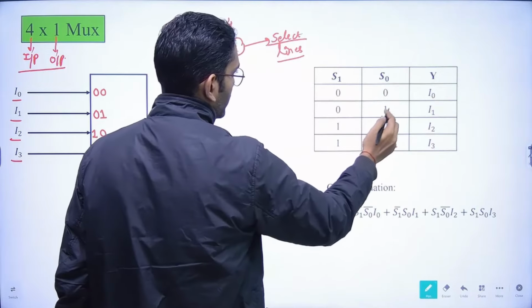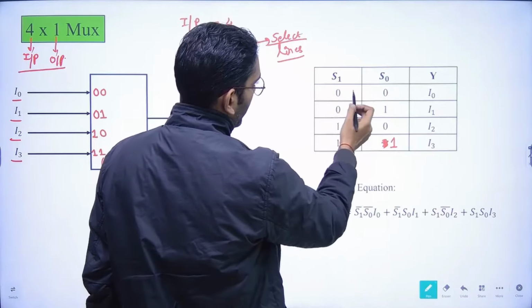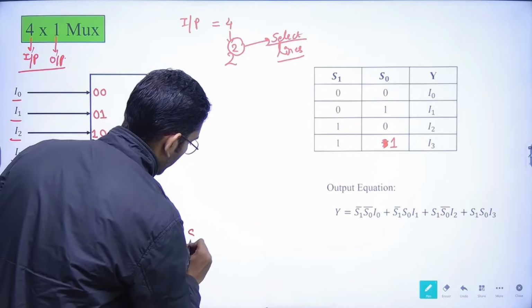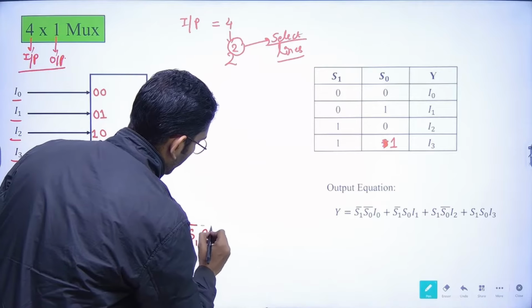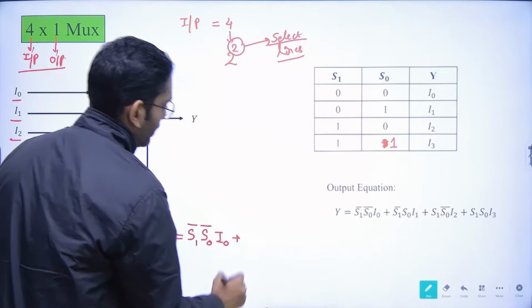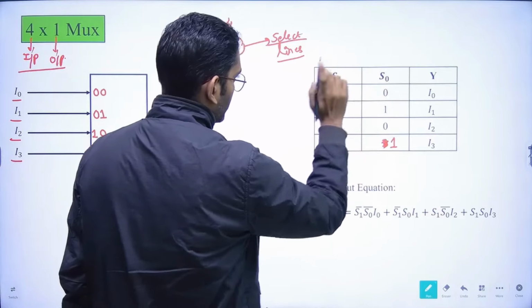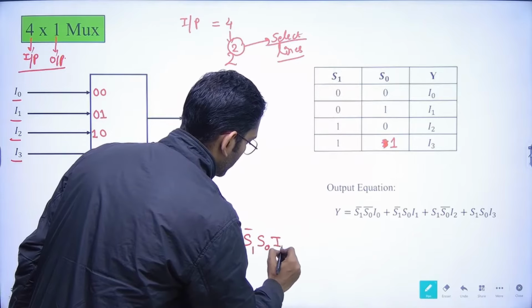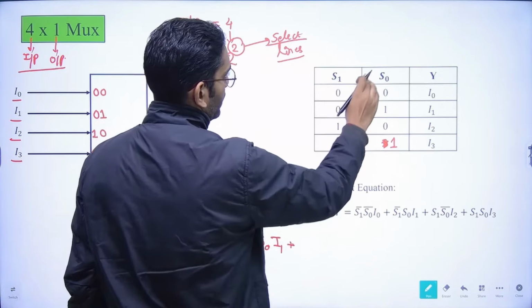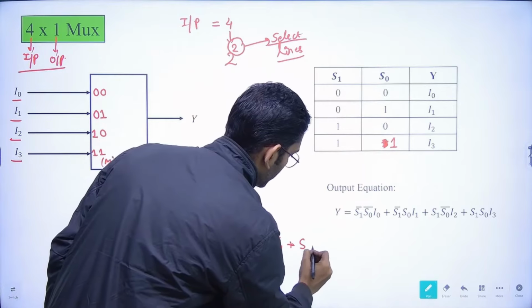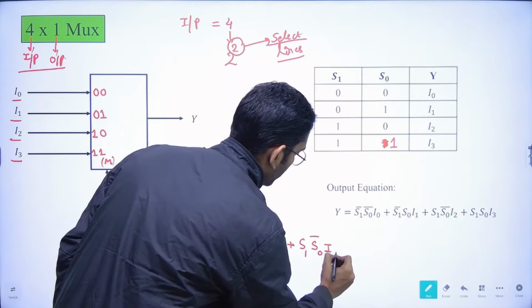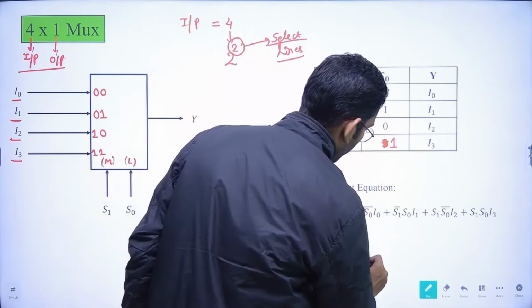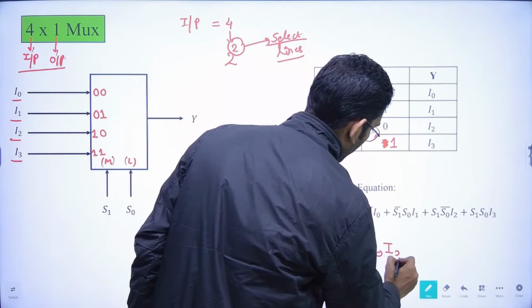We can write the output equation as y equals S1 bar S0 bar I0, plus S1 bar S0 I1, plus S1 S0 bar I2, plus S1 S0 I3.